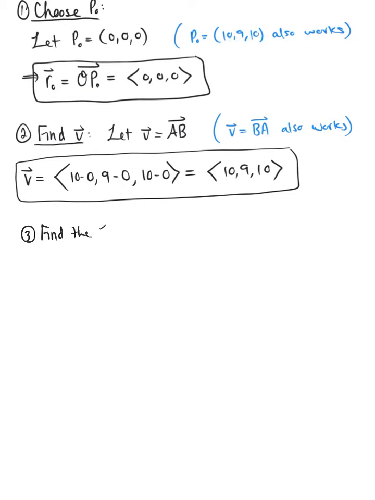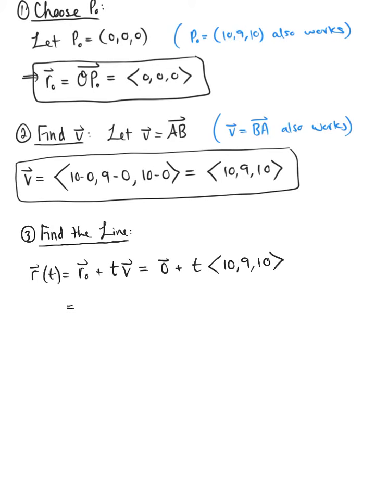So we want to find the line. Vector r of t is going to be equal to that position vector plus the parameter t multiplied by the parallel vector v. So we have the 0 vector plus our parameter t multiplied by the parallel vector (10, 9, 10). This leaves us with the vector (10t, 9t, 10t).